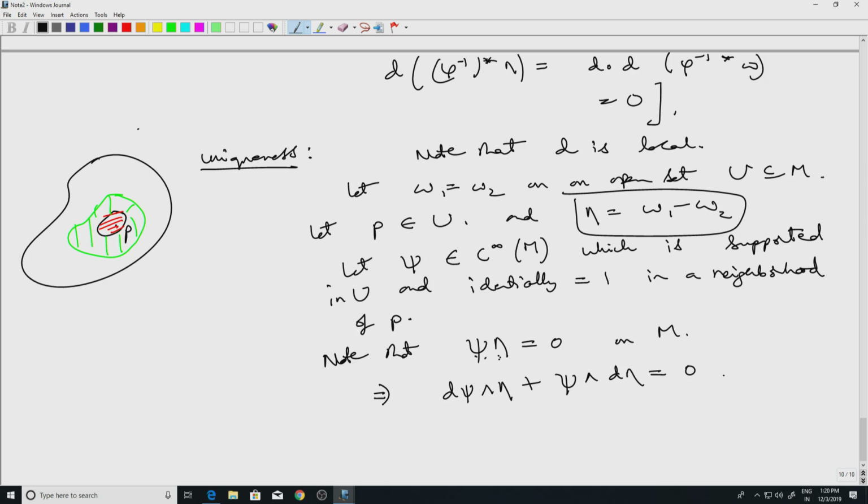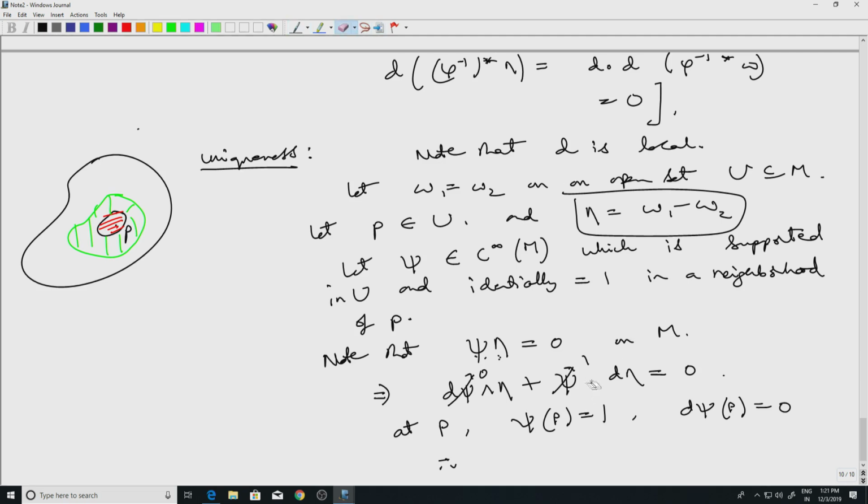So at P, C of P is 1. Moreover, we assume that C is identically 1 in a neighborhood of P. Therefore, its differential is 0 at P. This is 0. Therefore, this goes away. This is 1. Oh, I don't have to put the wedge product here.